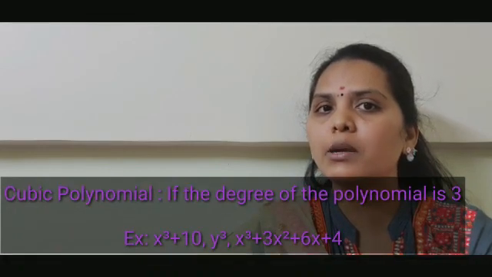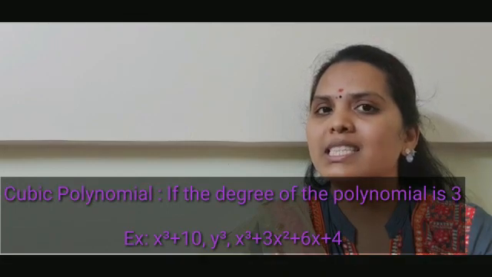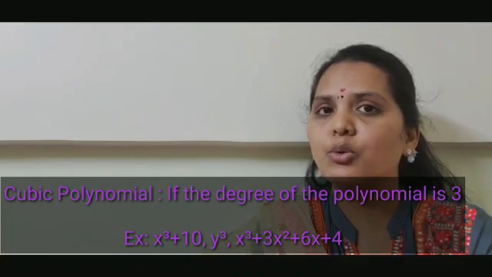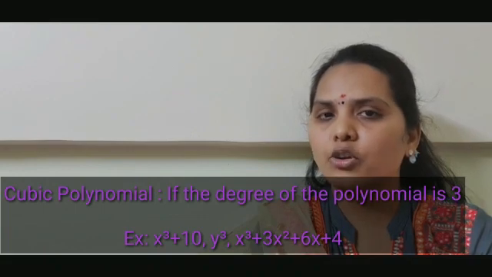Next one, cubic polynomial. If the degree of the polynomial is 3, we call that polynomial a cubic polynomial. Let's take an example: x cube plus 10. What is the degree of this polynomial? 3. So it is called a cubic polynomial.